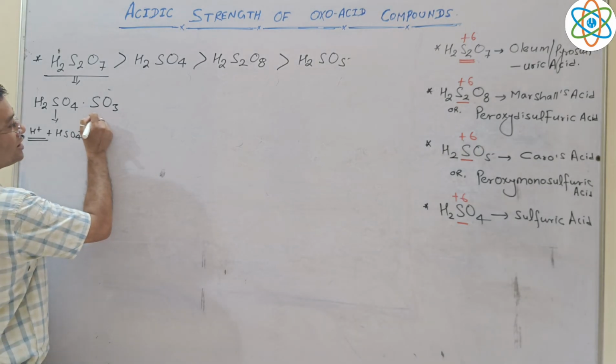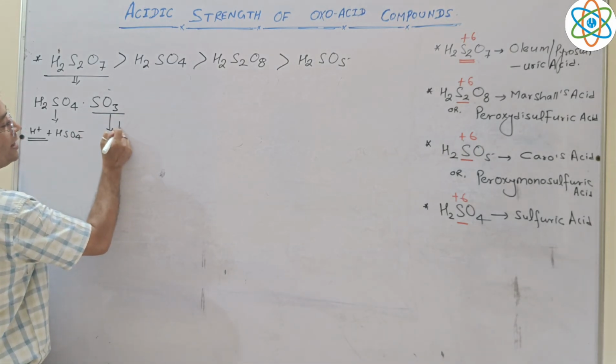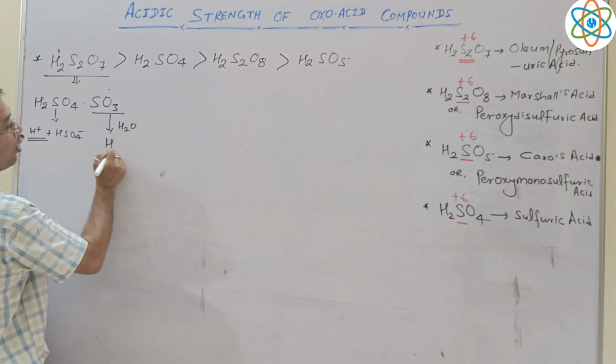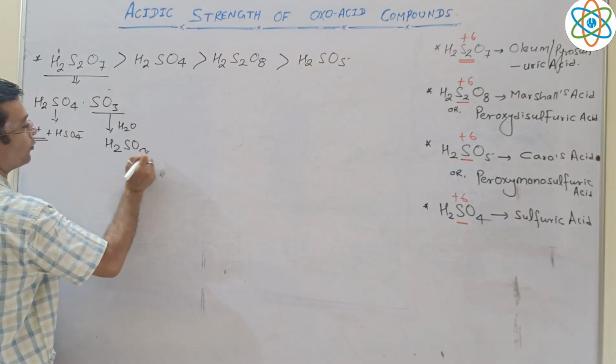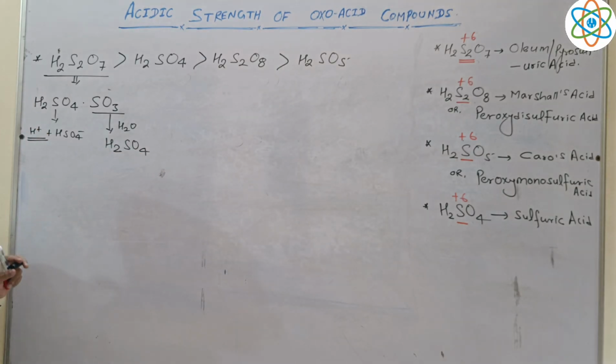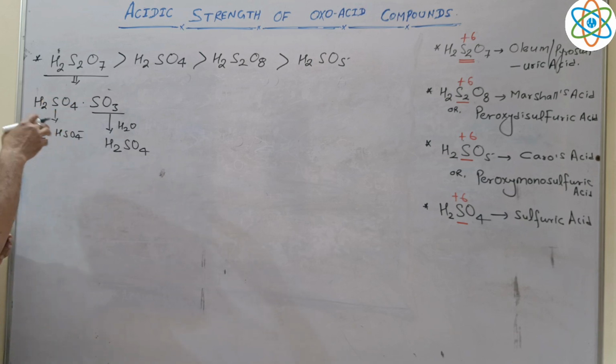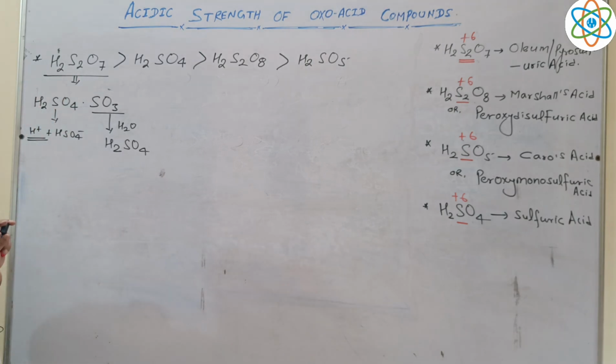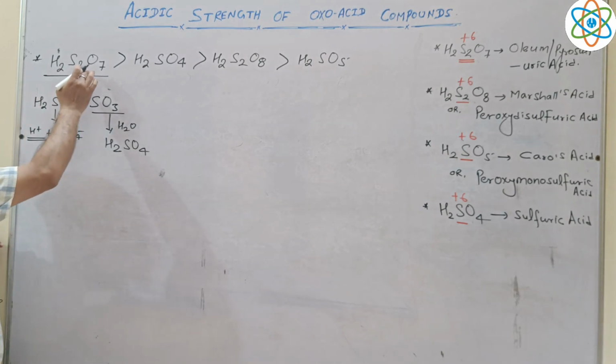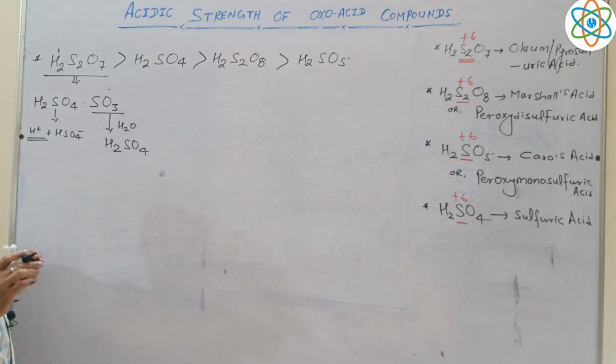And this sulfur trioxide has a tendency to react with water to form H2SO4 again. Then you will find that per unit volume, the concentration of hydrogen ion here is maximum as compared to the other oxo-acid compounds. Therefore H2S2O7 has the highest acidic strength.